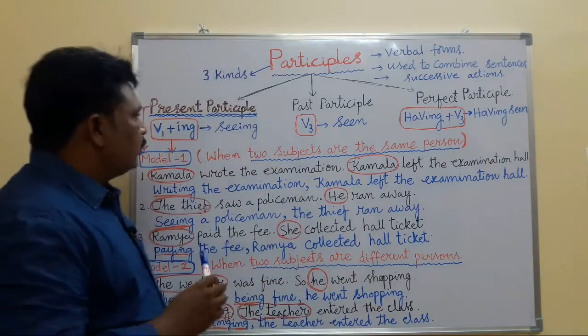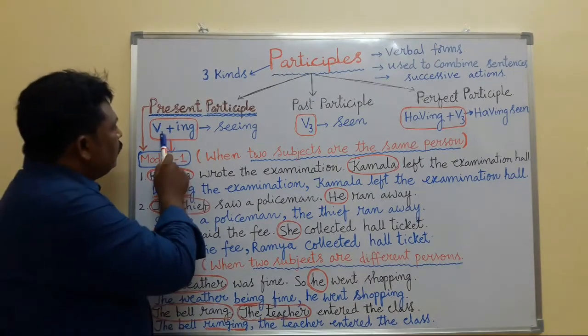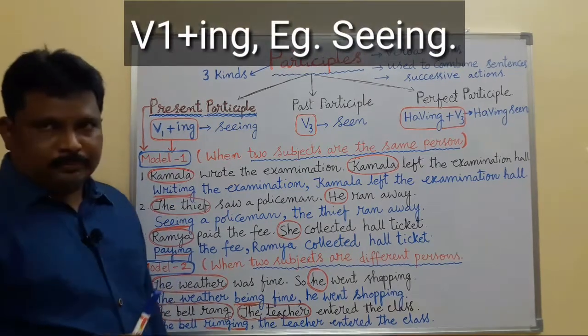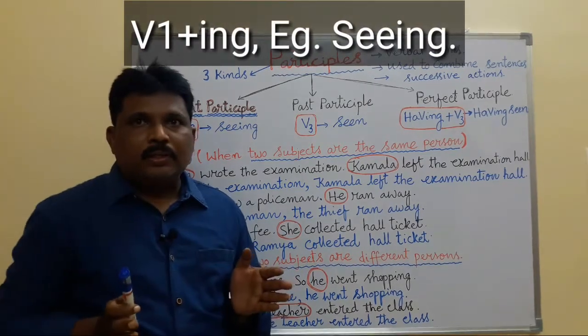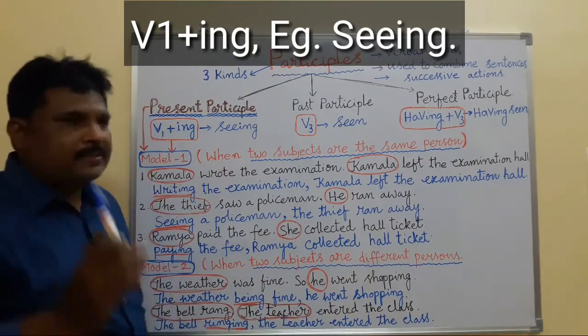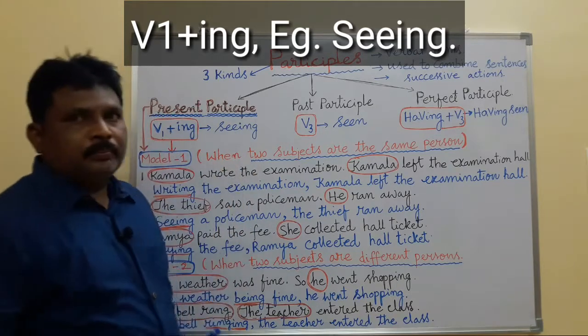Let us see the example. Present participle is formed with V1 plus ing form. For example, the verb see plus ing, seeing.